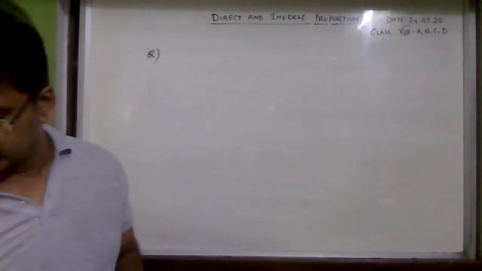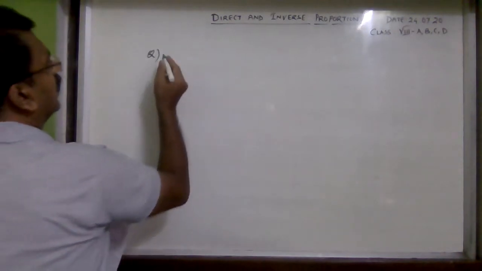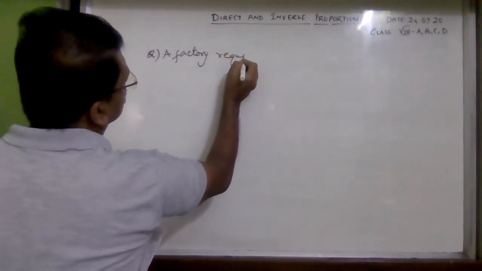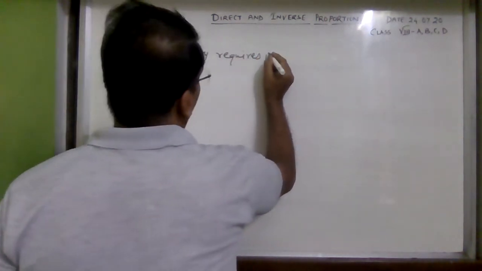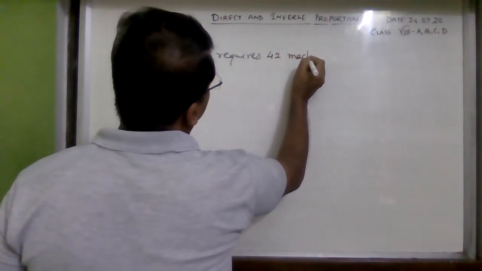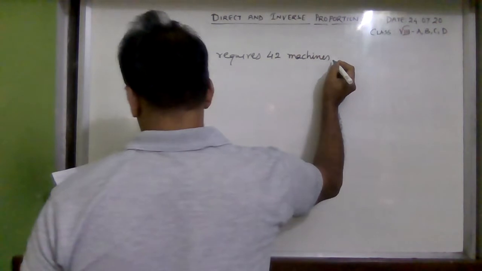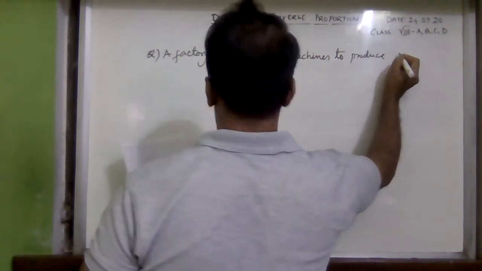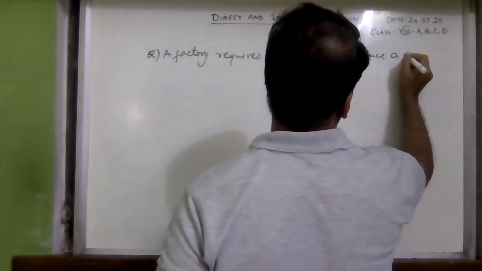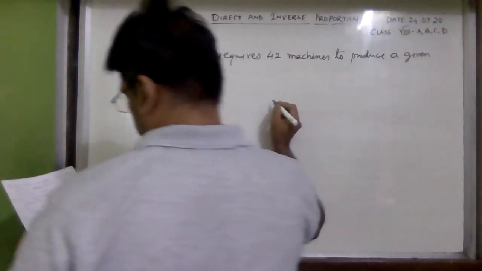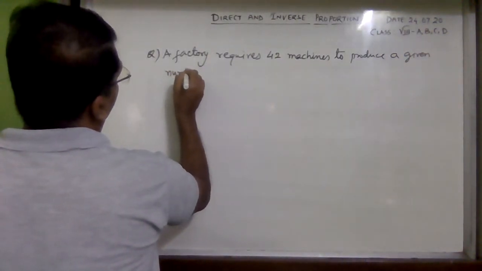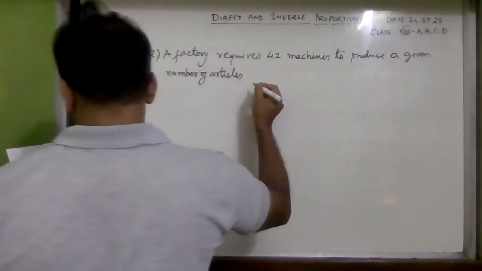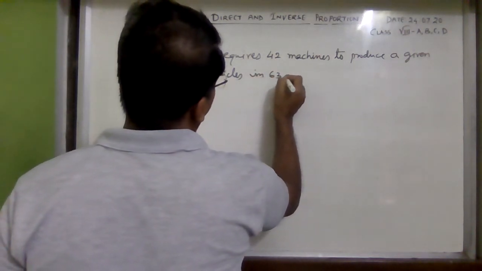Next question is, a factory requires 42 machines to produce a given number of articles in 63 days.